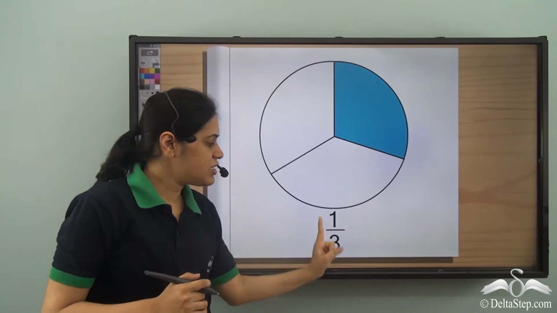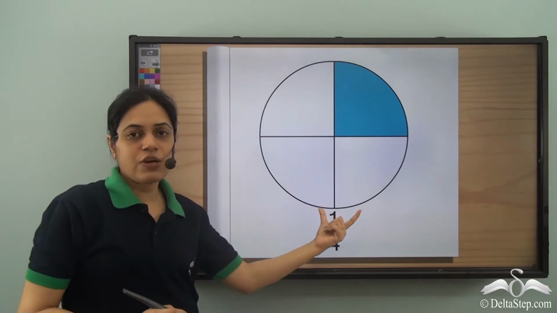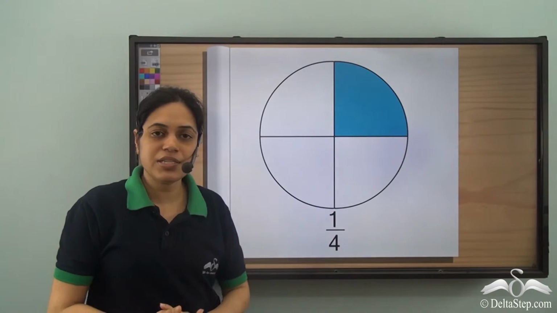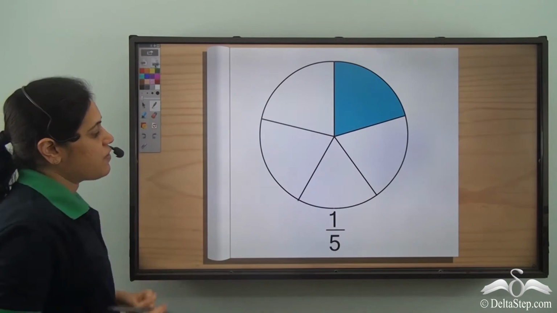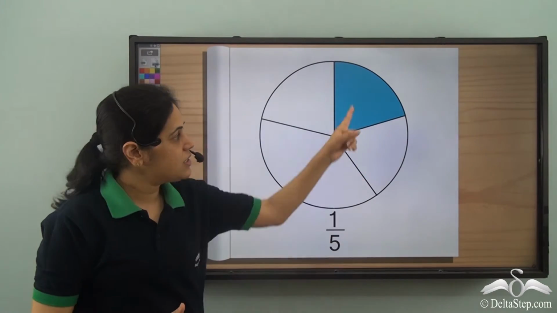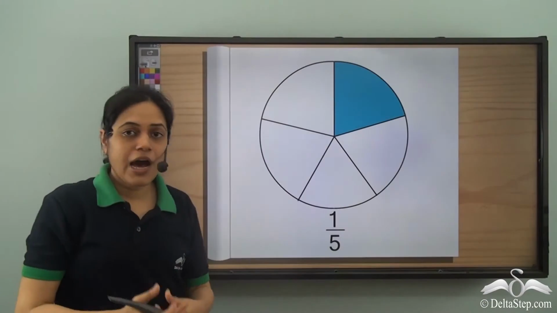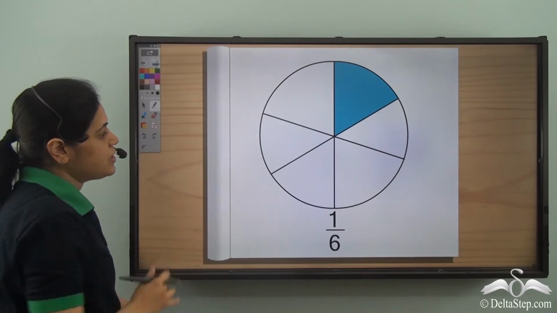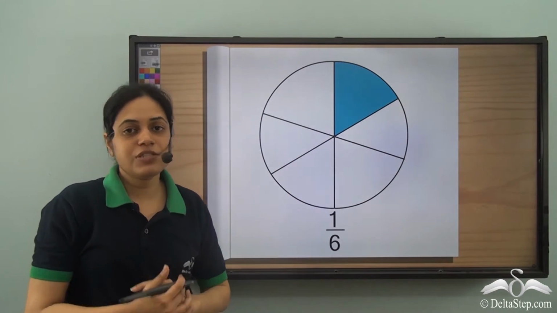This shaded region is 1 by 3. But if I divide it into 4 equal parts, the shaded region is this, which is 1 by 4. If I divide it into 5 equal parts, the shaded region is this, which is 1 by 5. Now, if I once again divide it into 6 equal parts, this is 1 by 6, which is the shaded area.